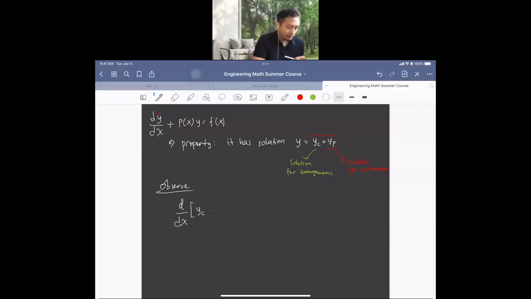So this will be d dx of yc plus yp, plus p of x, and then exchange the y with yc plus yp. This will be equal to f of x.